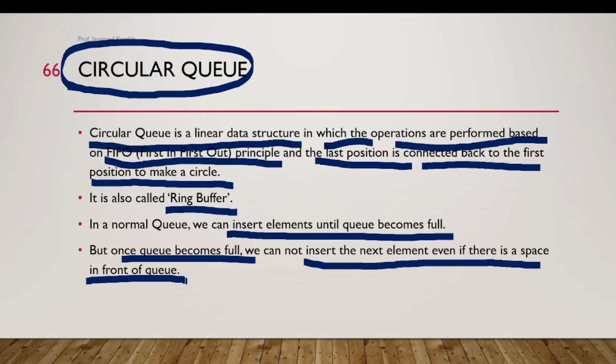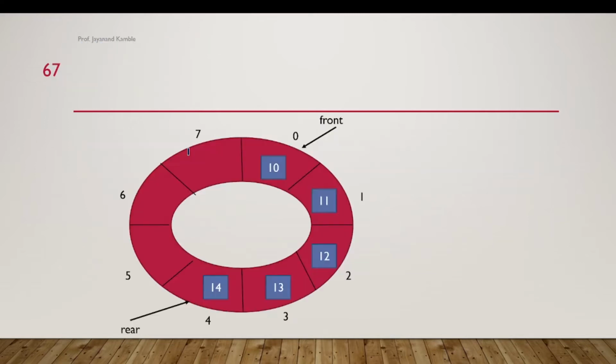To overcome this, we have the concept of circular queue. See, this is an example of circular queue. I hope you can see here, front is pointing to the element at index 0. Assuming that we have inserted elements at 0 1 2 3 4, when we insert the last element, rear will point to the next free slot.